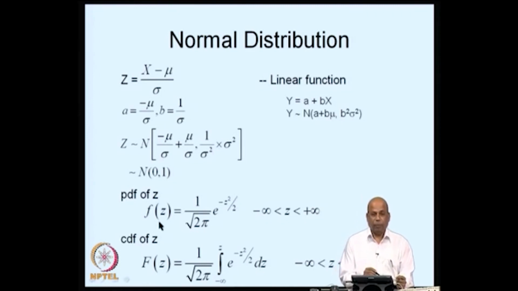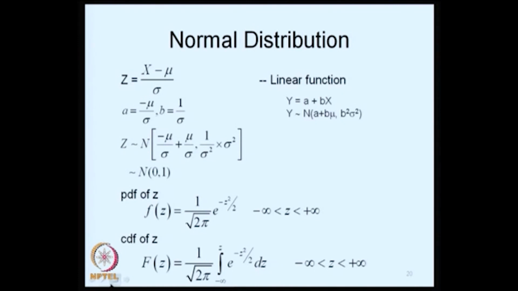So, once we get the PDF of z, you get the CDF of z as the integration between minus infinity to z of 1 over root 2 pi e to the power minus z square by 2 dz.